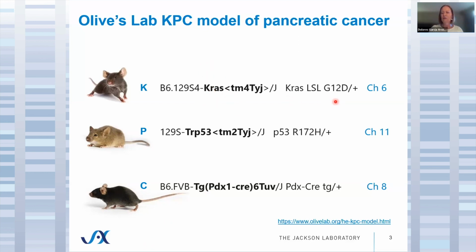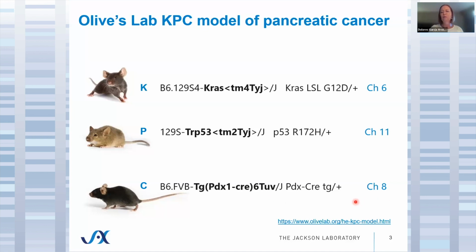KRAS is in chromosome 6. The P stands for P53, and there it's similar to a knockout effect when that gene is expressed. That is in chromosome 11. And the transgenic PDX1 Cre got inserted in chromosome 8.